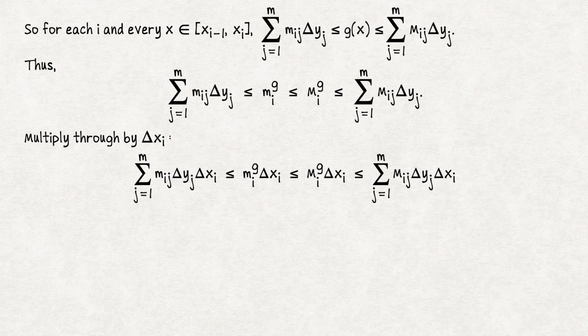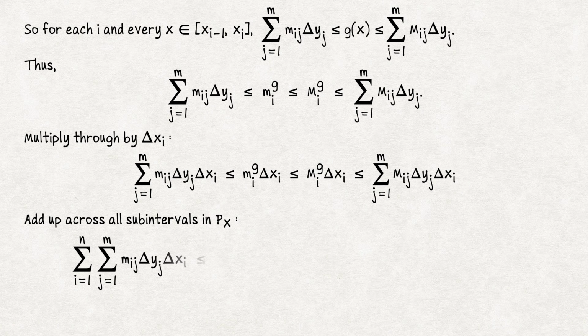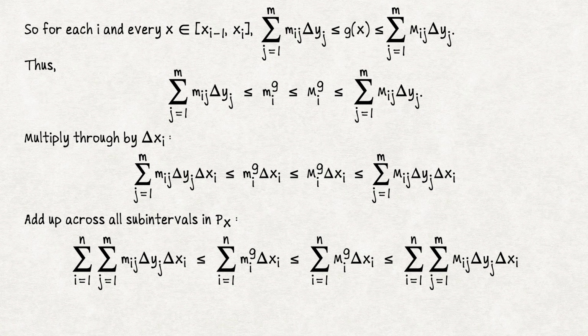What that allows us to do is take that expression on the left, and if we added all of the expressions on the left together for each choice of I, it would be less than or equal to that second term added to itself for every choice of I, which would be less than or equal to the third term added to itself for every choice of I, which would be less than or equal to the summation on the right added to itself for every choice of I. In other words, what I'm trying to say is add up these expressions from I equals 1 to I equals n, taking us across all of the subintervals we form along the x-axis, and we arrive at this inequality.